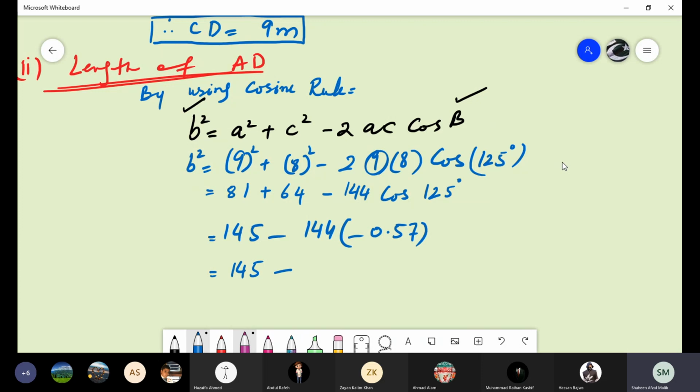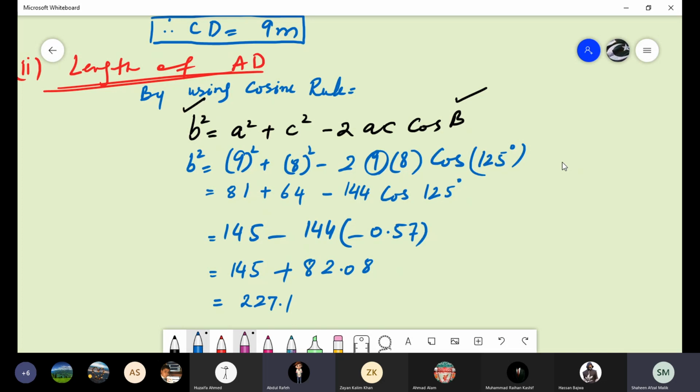So it will be added to this because minus minus becomes plus. When we add these two values, 145 plus 82.08, the answer is 227.1. Can we write it?